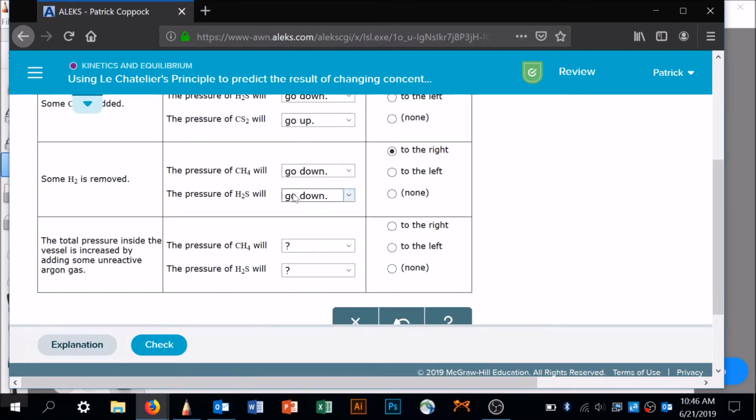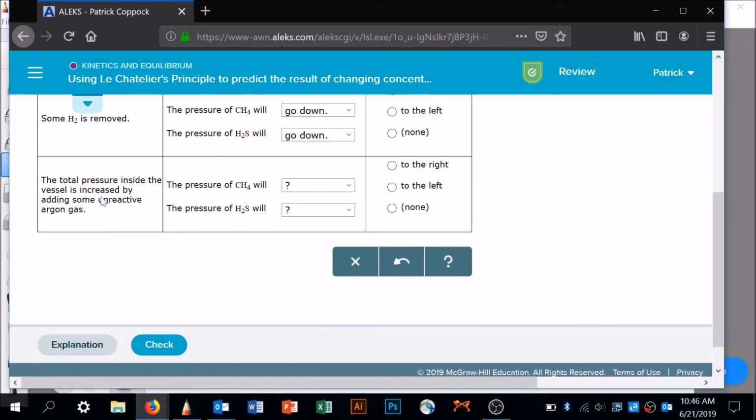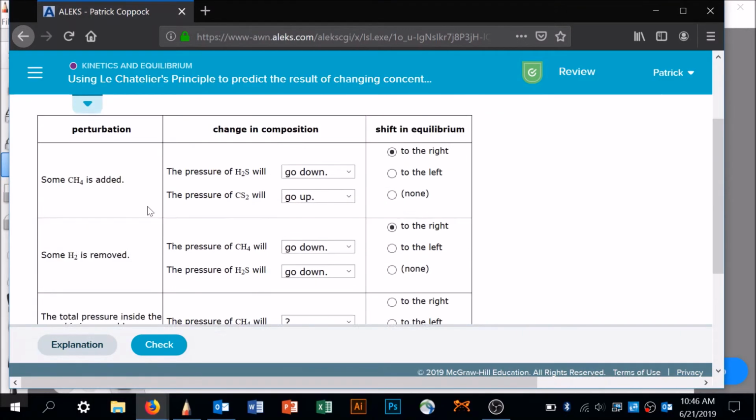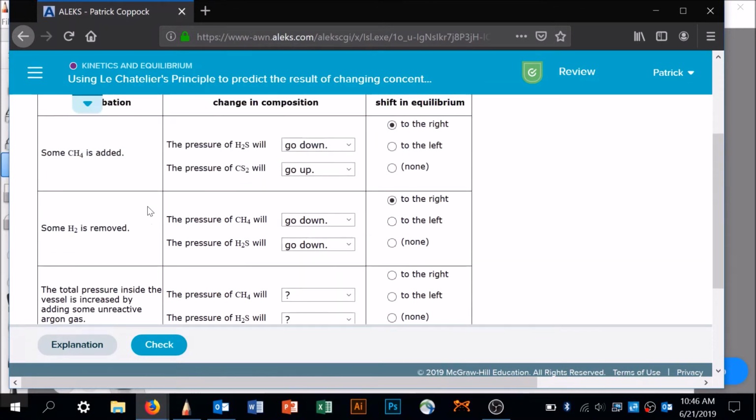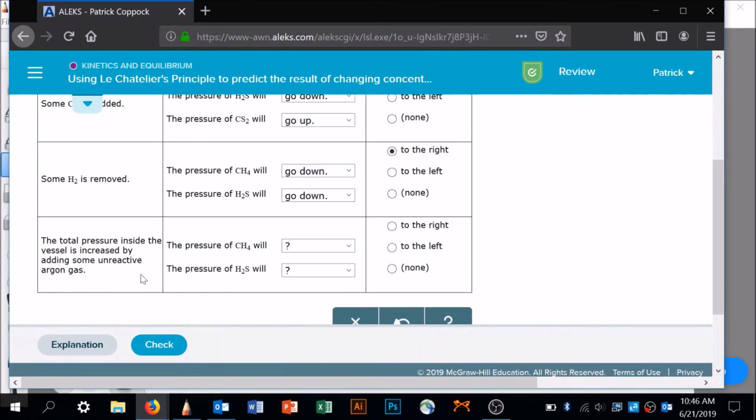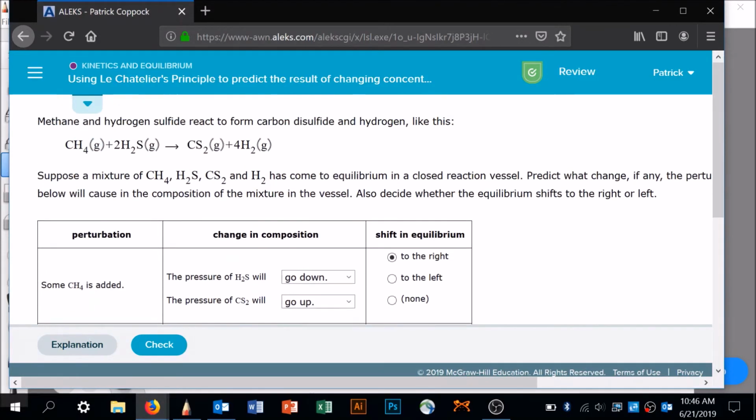Okay, let's look at the next one now. Suppose the total pressure inside the vessel is increased. Aha! If the total pressure is increased by adding some unreactive argon gas. Okay, so if the total pressure is increased, that means we're going to have to go to the side with the fewer moles, right?